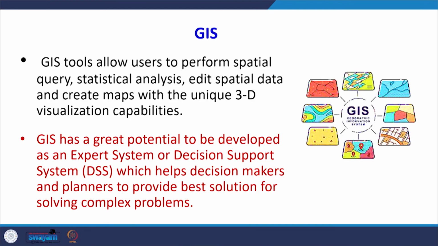Then the entire data set is integrated into the GIS, and GIS not only will integrate the data, but will be useful to develop an expert system or a decision support system.